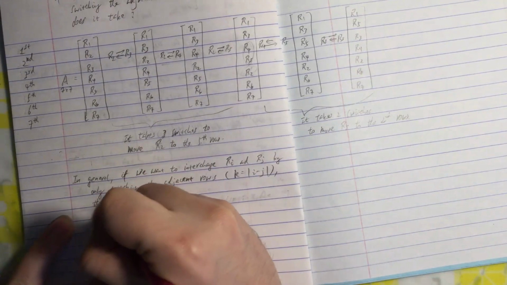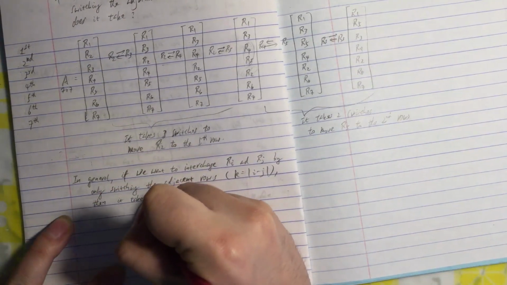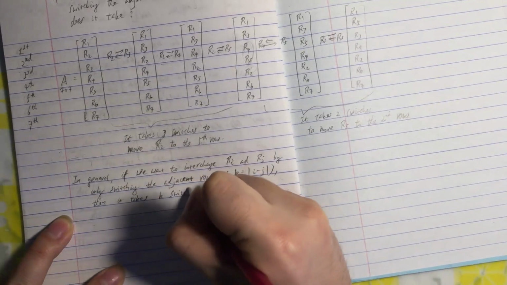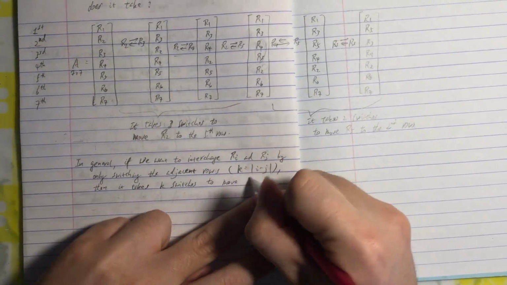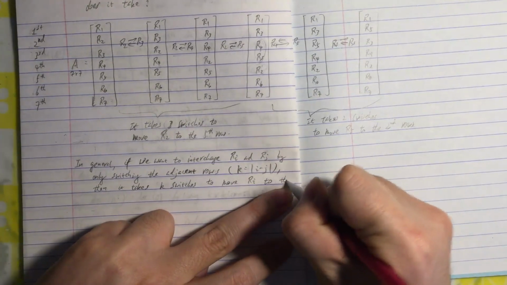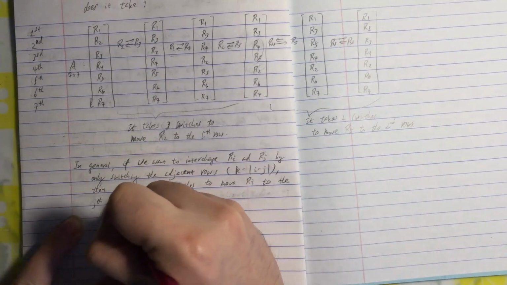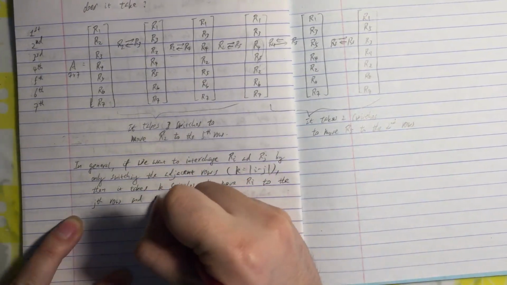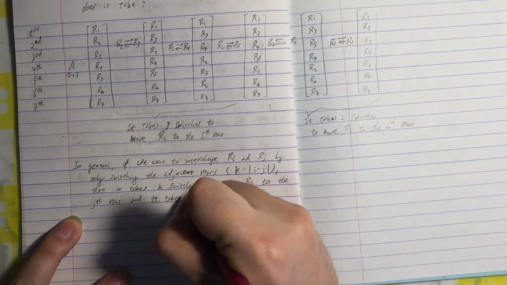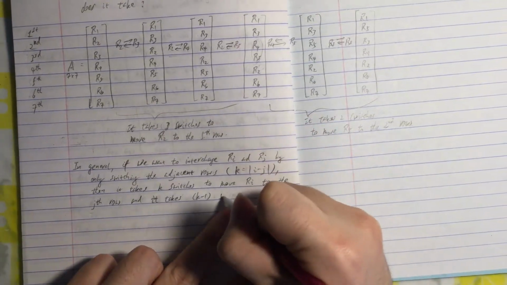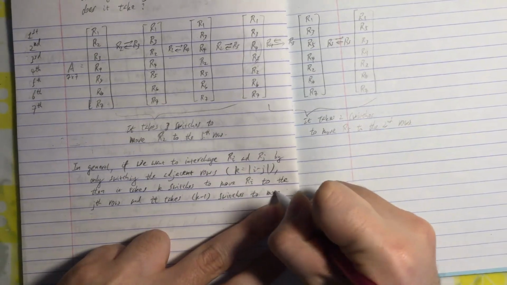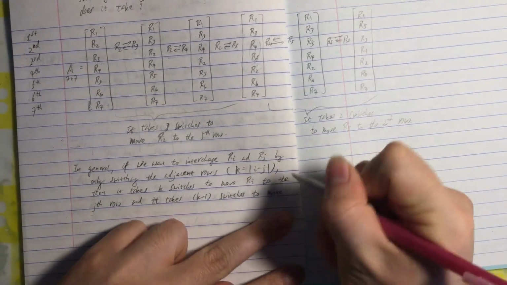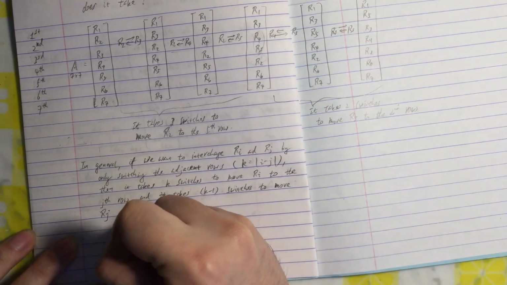Then we know that it takes K switches to move Ri to the Jth row, and it takes K minus 1 switches to move Rj to the ith row.